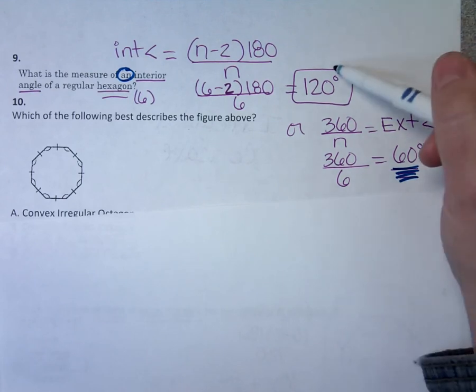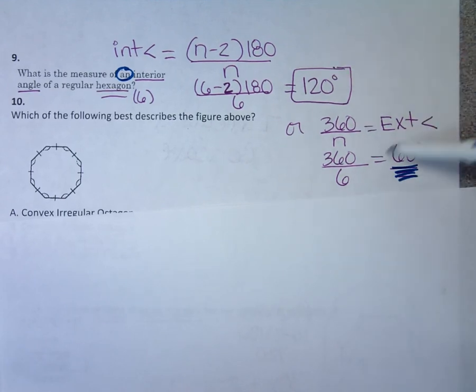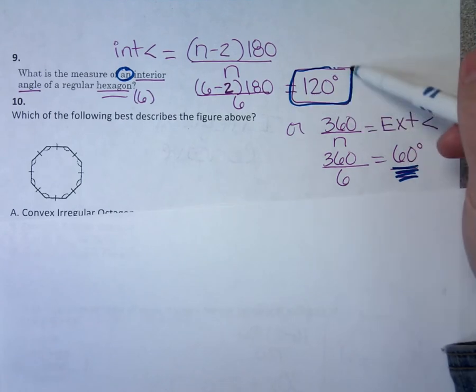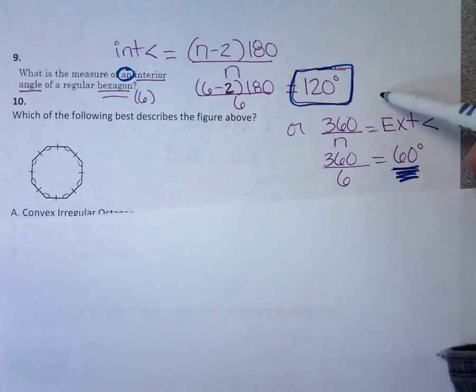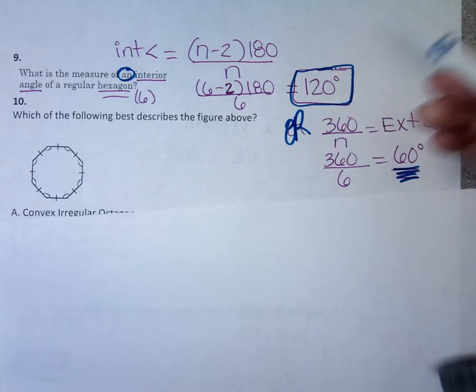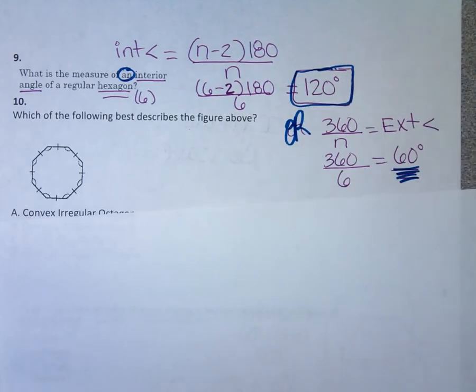And if I want to know the interior, I just take 180 minus my answer and get the 120. So it doesn't matter which way you do it. Either my first way, just find the interior straight up the first time, or the second way, find the exterior angle first, because it's a slightly easier formula. And then once you know the exterior, take it away from 180, and you've got your interior.